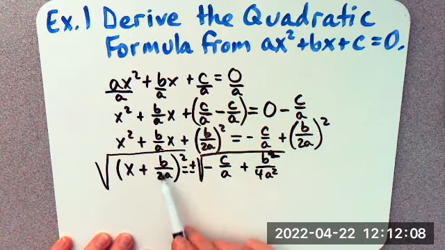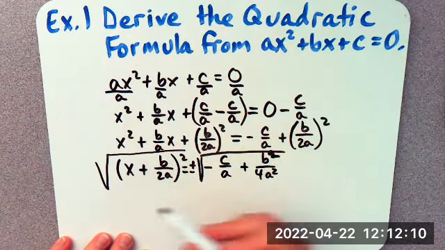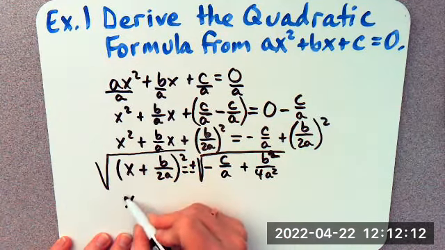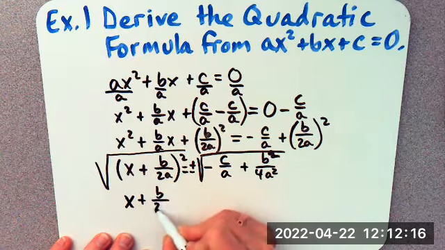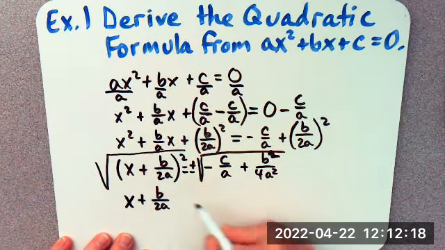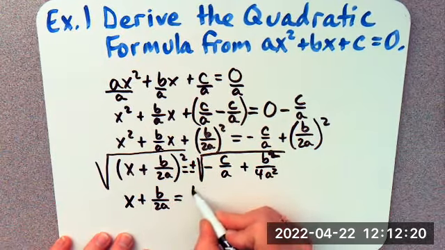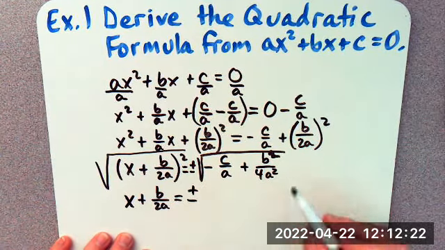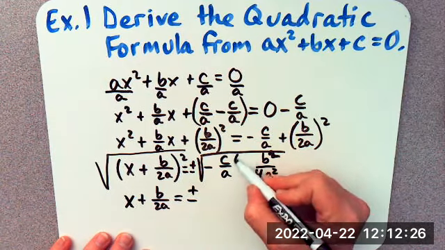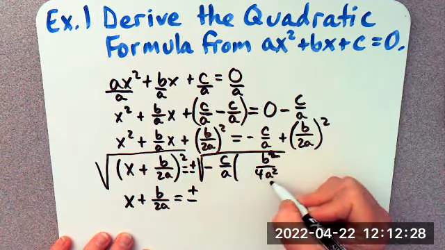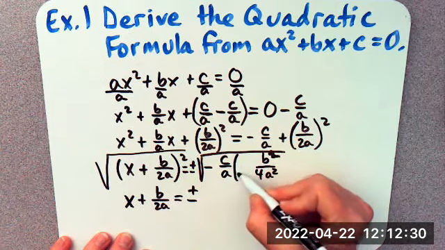So when we take the square root of something that's being squared, we free it from the radical. So we have x plus b over 2a. And that equals plus or minus. And actually, let's complete this radical. So we need to have this be 4a squared.